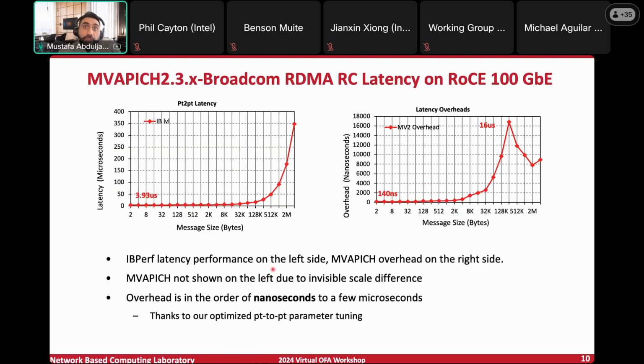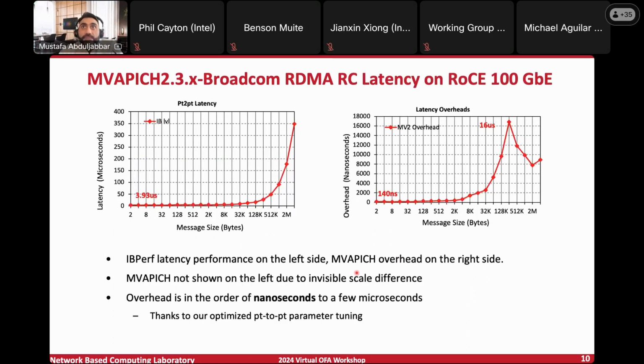So we have an overhead, but for the particular message sizes of interest, it is fairly negligible. It ranges from 140 nanoseconds to peaks at 16 microseconds, and that's thanks to our optimized point-to-point parameter tuning, which I will highlight in more detail.